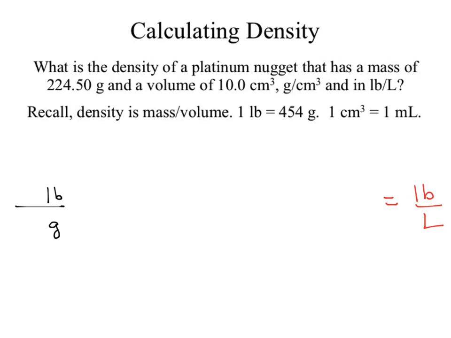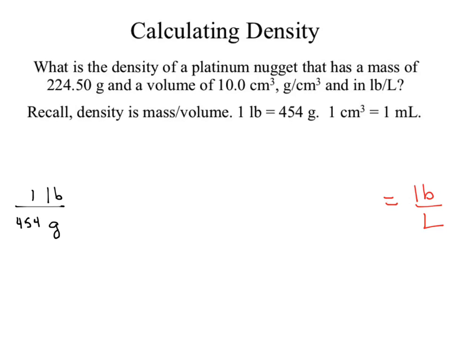You literally look at your conversion factor, and what number shows up in front of pounds? 1. What number shows up in front of grams? 454. So this is a phenomenal first step, because what do we now have? Pounds in the numerator, and what do I want in my answer? Pounds in the numerator. So this is great.